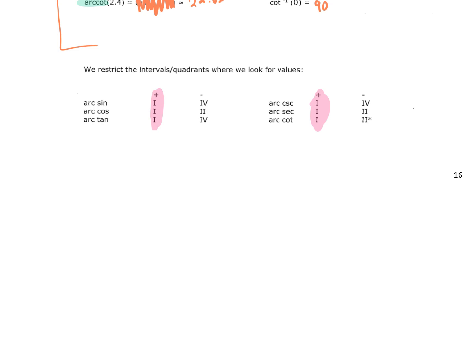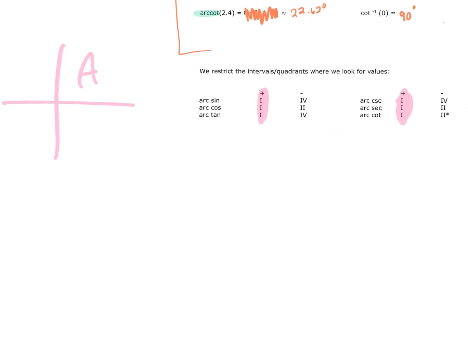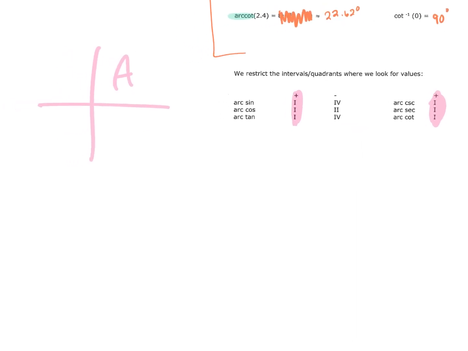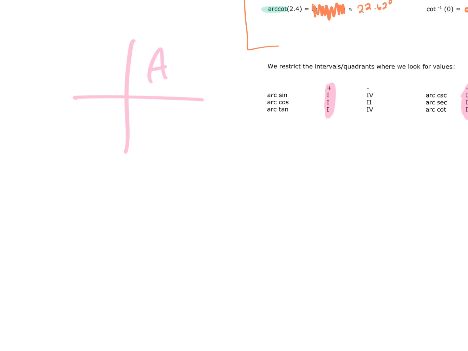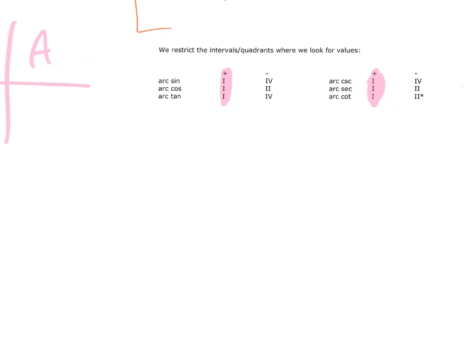If the value is positive, we're going to look in quadrant 1, which makes sense because everything is positive in quadrant 1. So if we are looking for the inverse trig function of something positive, we're always going to look in quadrant 1. The rest of this depends on where these trig functions are positive and negative.